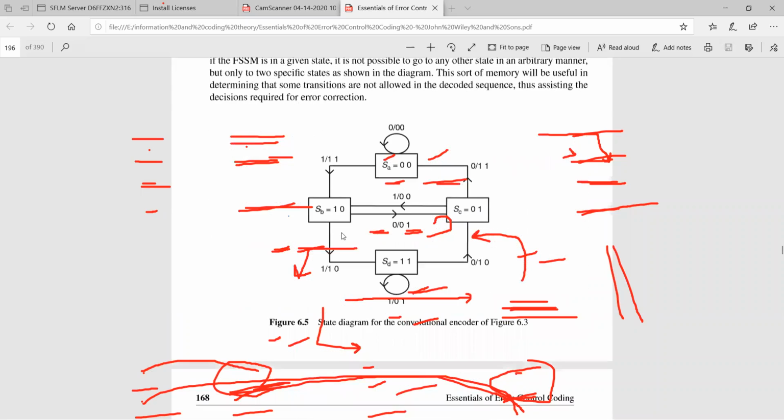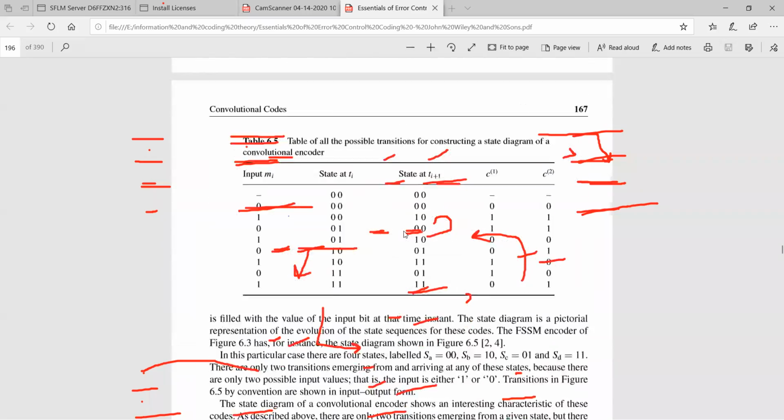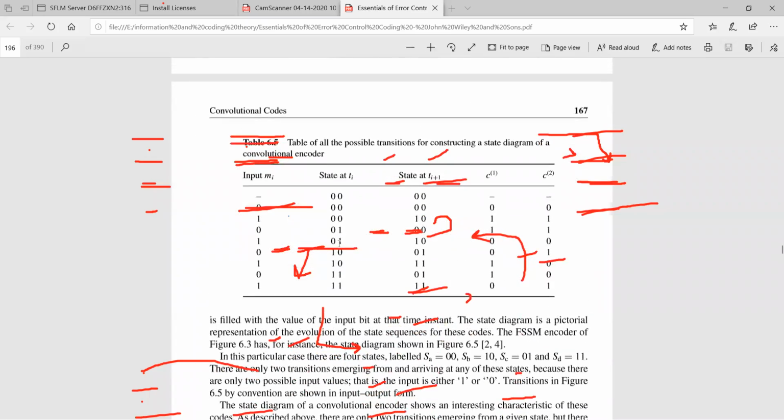I'm just showing you because it's not possible to erase all the sketches, all the lines. So many lines are there. Okay. So I'm just showing you the table where they have considered all the possible values. You can see from this table.